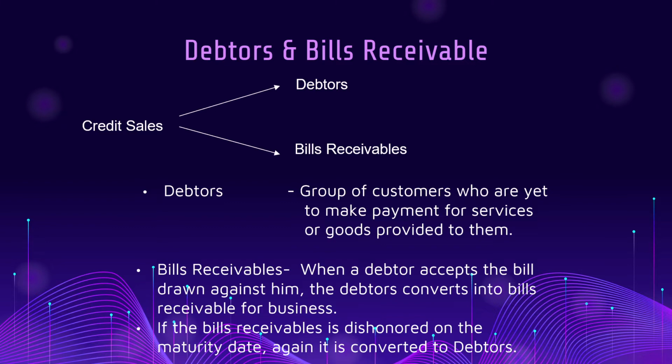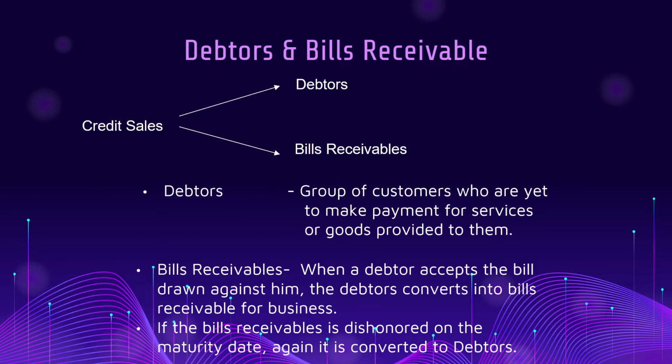Because it gives some time for the debtors to make payment, and in the meantime, if the business needs money, these bills receivable can be liquidized, converted into cash by discounting the bills with the bank or with financial institutions. For that purpose only, bills are drawn on the debtors.